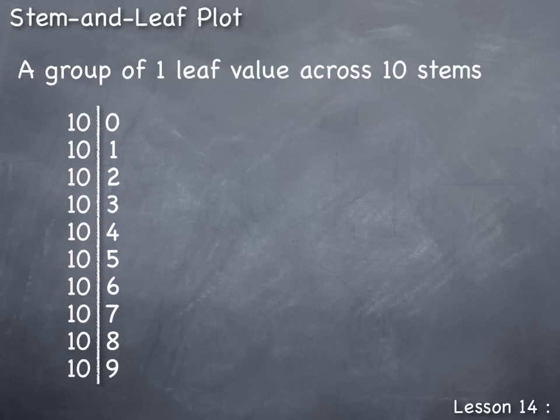We can also group 1 leaf value across from 10 stems. Here, each stem value is repeated 10 times, and then each of the 10 leaf digits are listed one at a time across from each of these 10 stem values.